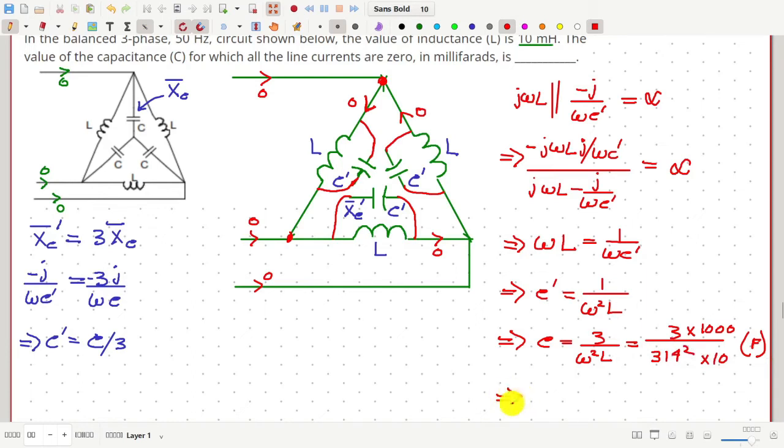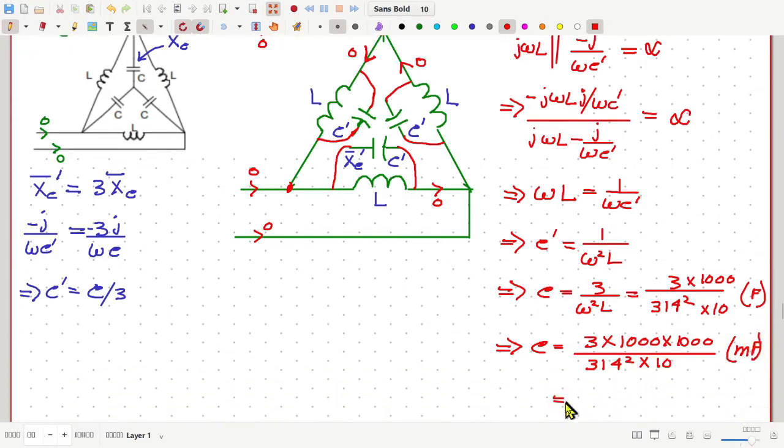So from here we can write C is equal to 3 into 1000 divided by 314 squared into 10. This is in millifarad, which will come out to be equal to 3.04 millifarad, and that is the answer.